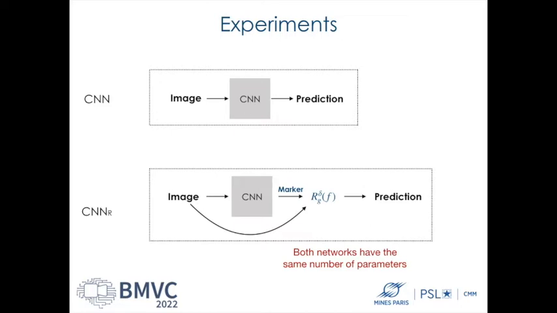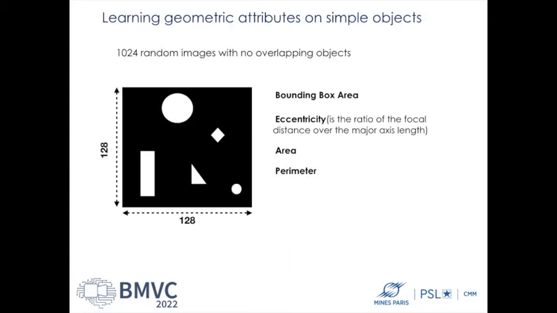It can be seen as the CNN predicting the marker, I mean the image that is used to select some contours of the image. It's important to note that both networks have exactly the same number of parameters. The task we have used to compare them is the estimation of geometric attributes on binary images composed of shapes, triangles, squares, and so on, of random size.